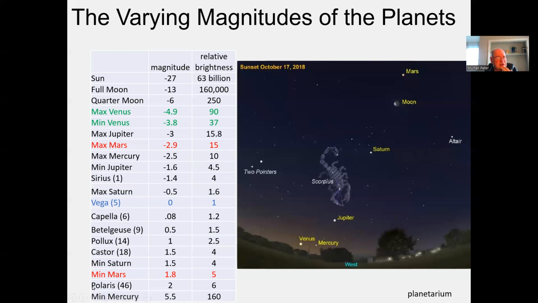Okay. And by the way, so much for the North Star being the brightest star in the sky. Please don't pass along that craziness. Okay, Polaris is a second magnitude star. It is 6 times dimmer than Vega, and many, many times dimmer than Sirius, the brightest star in the sky.